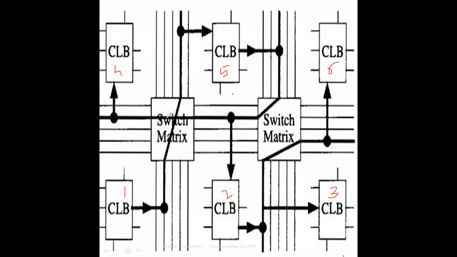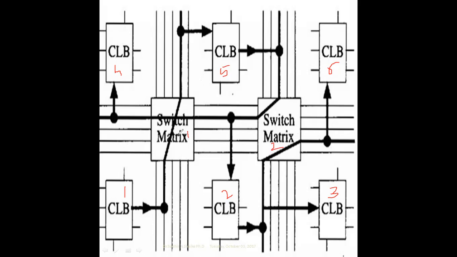Line 2 of CLB4 has been connected, and here one more line from the switching matrix, say switching matrix 1 and switching matrix 2. Switching matrix 1 has connected line 4 to the CLB. We can select any line depending on the availability of a free line.